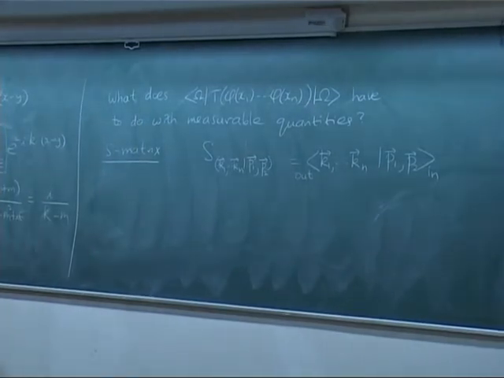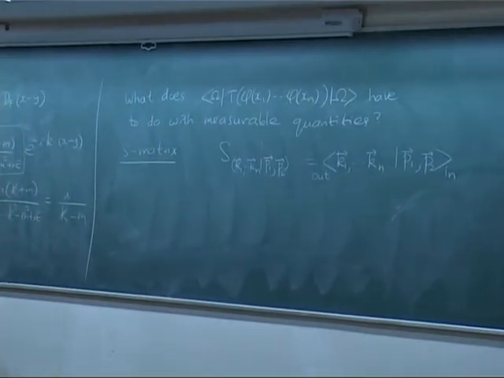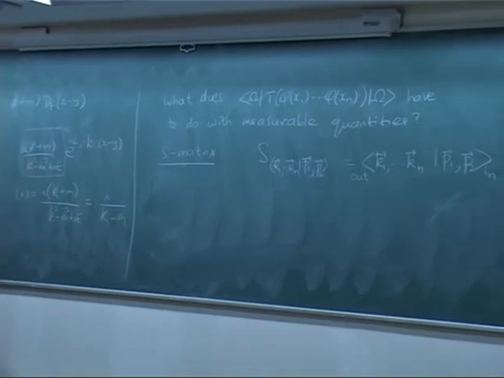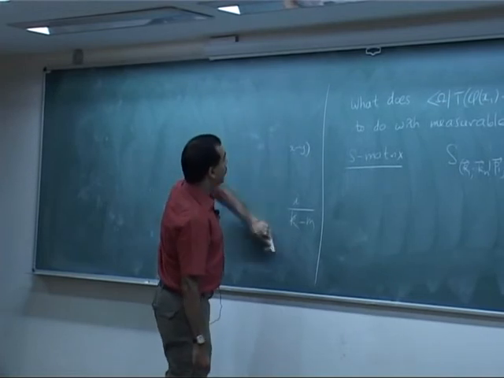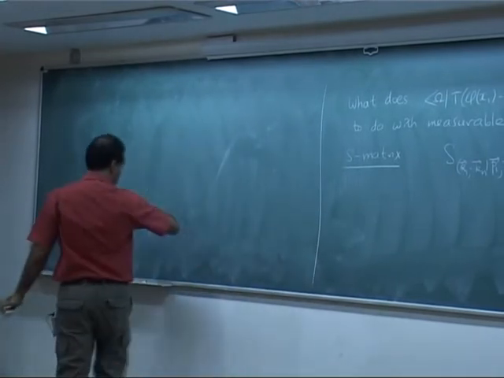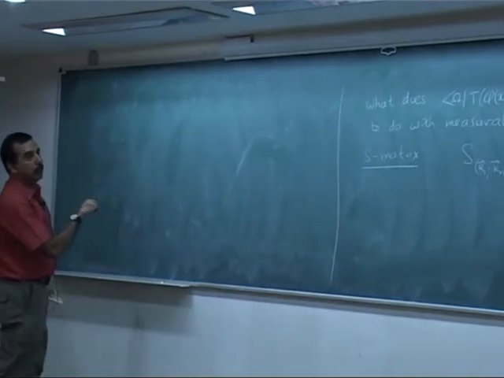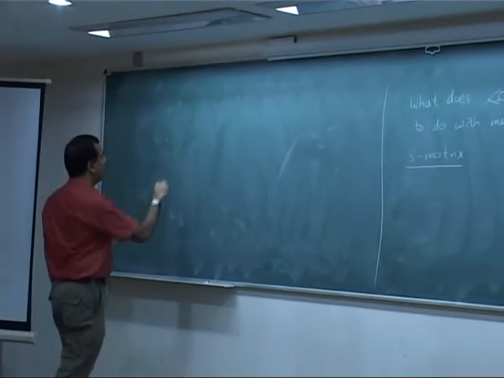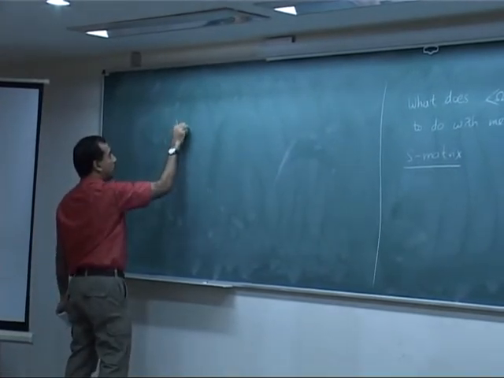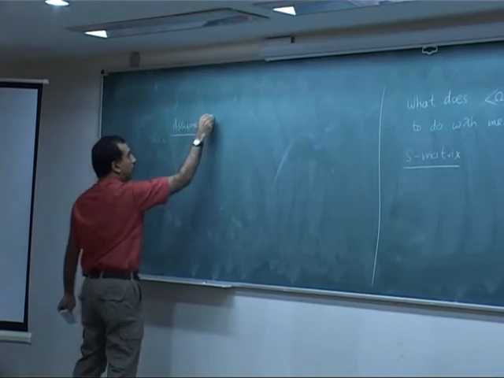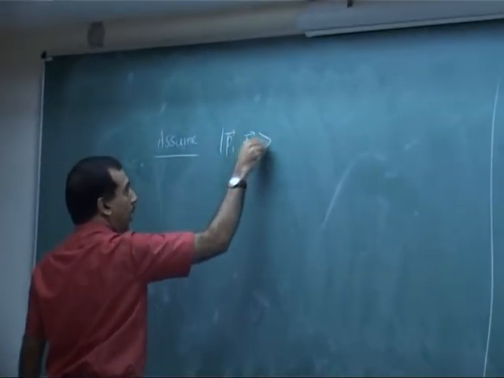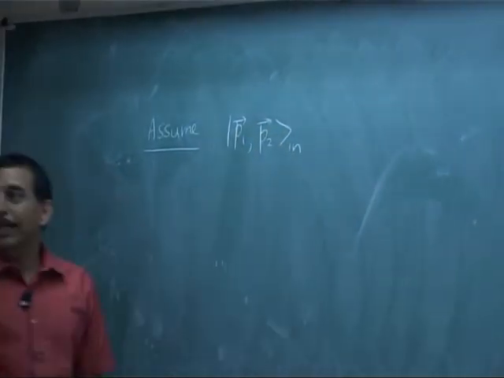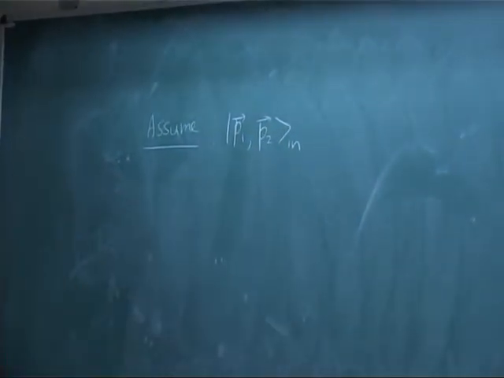Now, it's very difficult to rigorously define this quantity and to derive the expression for it, but I'll give some motivation and write down a rough answer, and it will be good enough for us to work with. So first of all, we should assume that P1, P2 in, remember this is an interacting state. That is why it's very difficult.